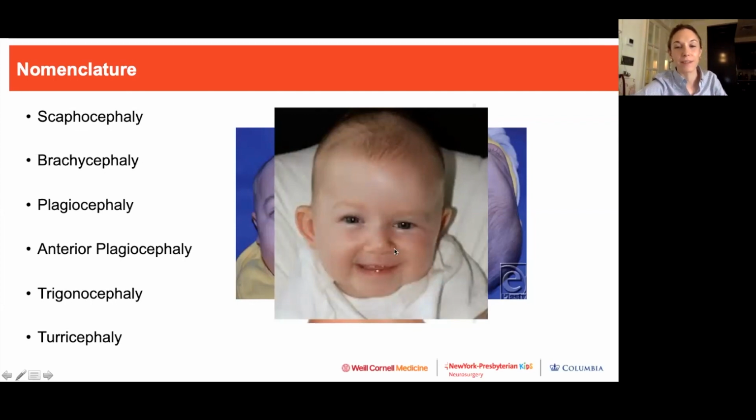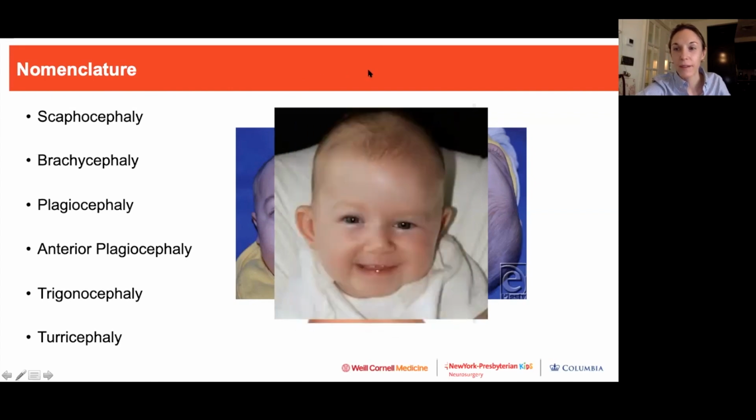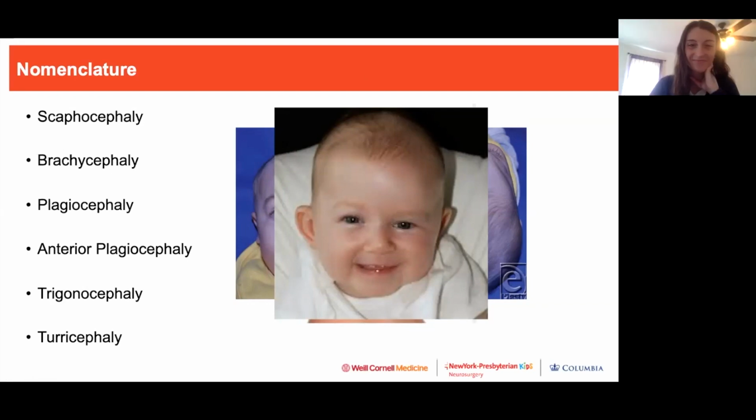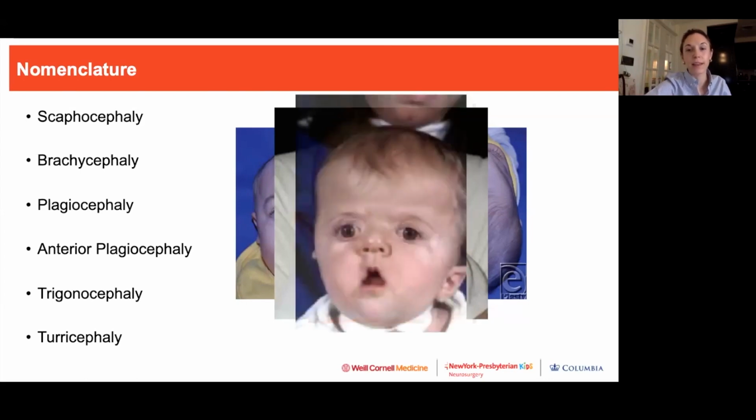And then lastly, what's this one? Ignore that. Sorry, when I clicked to try, there we go. Nothing? This one's tricky. So this is anterior plagiocephaly or coronal synostosis. All right, so we'll go over that. And then lastly, this is toricephaly, toribrachiocephaly, syndromic synostosis. All right, so how do we figure all this out?